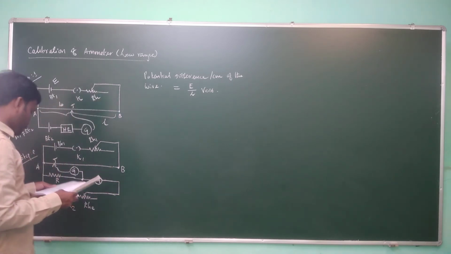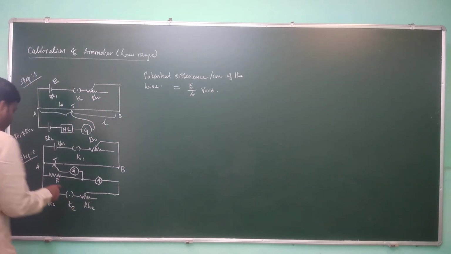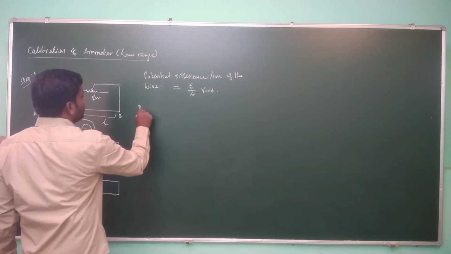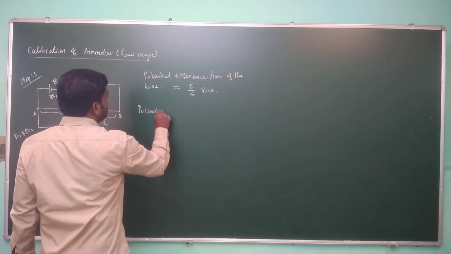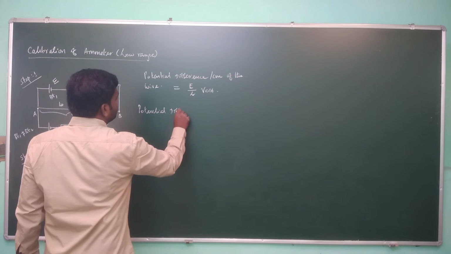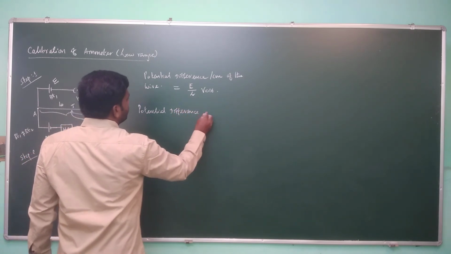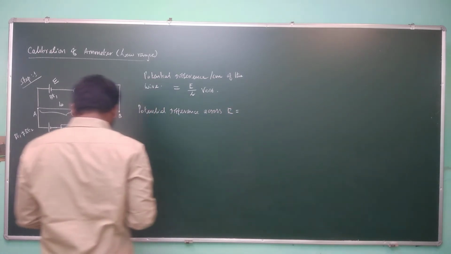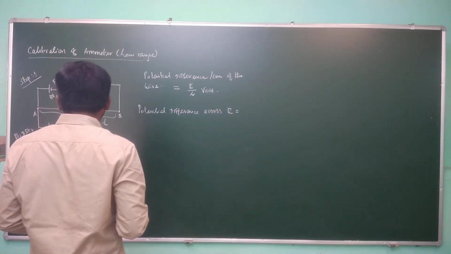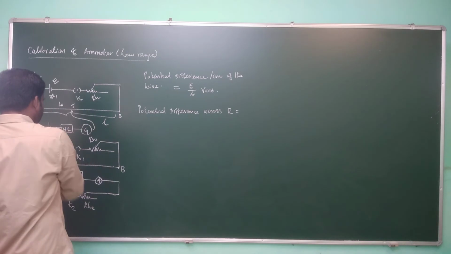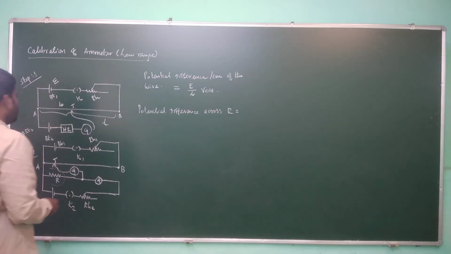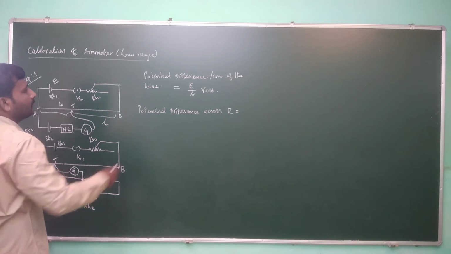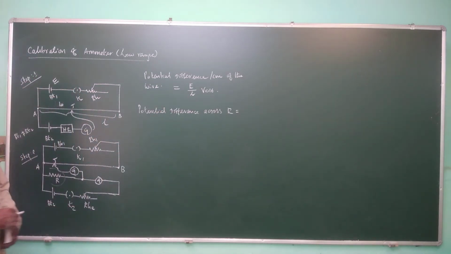So here, now we can write the equation for potential difference across R. What is the potential difference across R? You see, earlier the potential difference per centimeter of the wire is nothing but E by L, right?